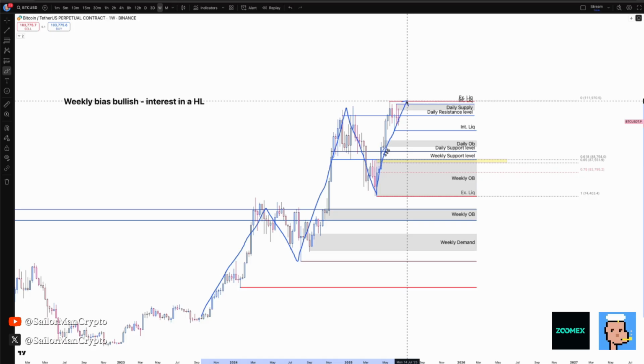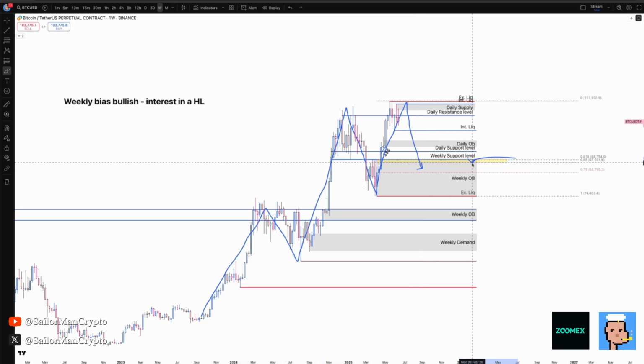If this is a high, this is an interesting area for a higher low, because we do have support, we have the weekly order block, and the Fibonacci is telling us that we are exactly in one of the best places for the risk-reward ratio to look for a long.